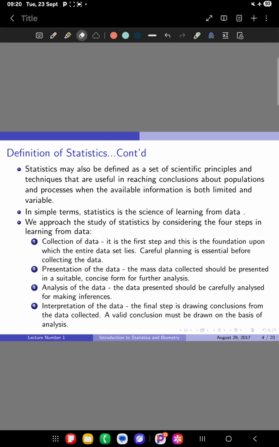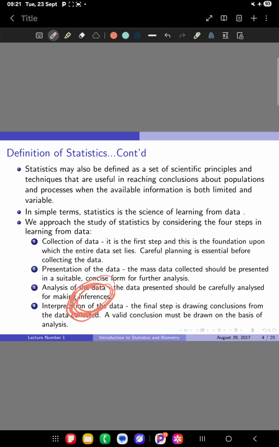So the data presented should be carefully analyzed for making inferences. There's a branch of statistics called inferential statistics. The purpose of analyzing the data, extracting the important things, is because you want to make a conclusion. You want to infer from that data to the population that you've gotten that data from.